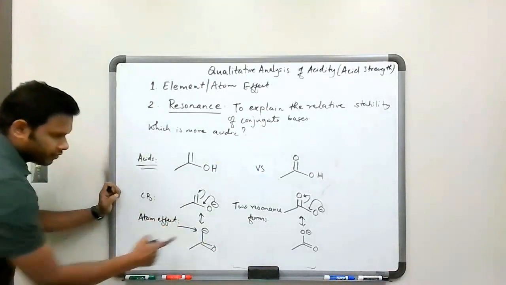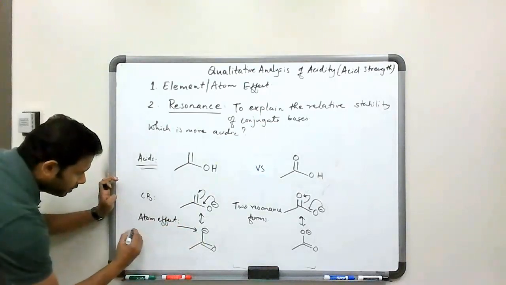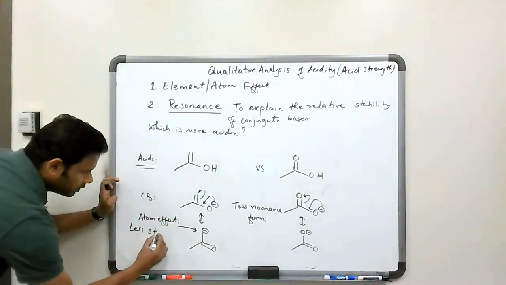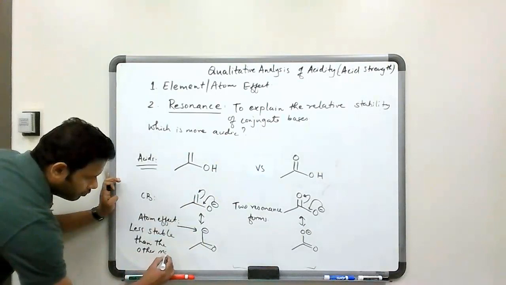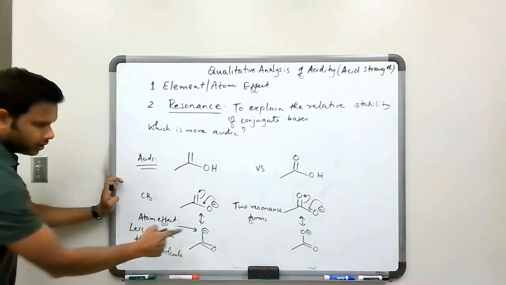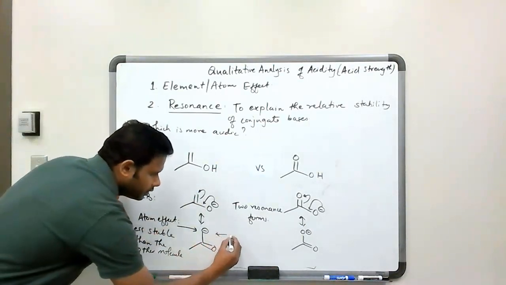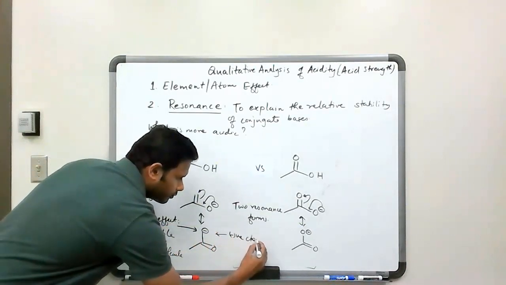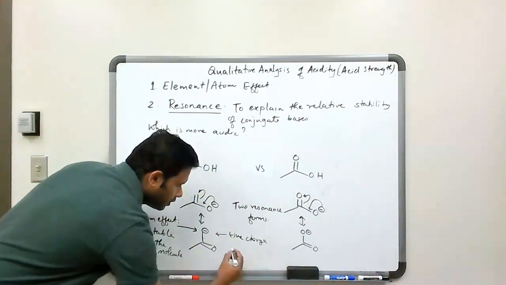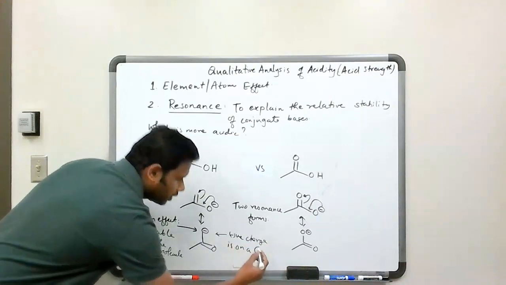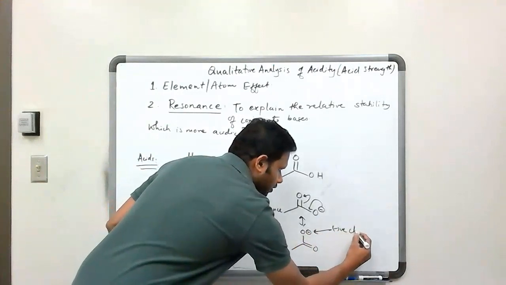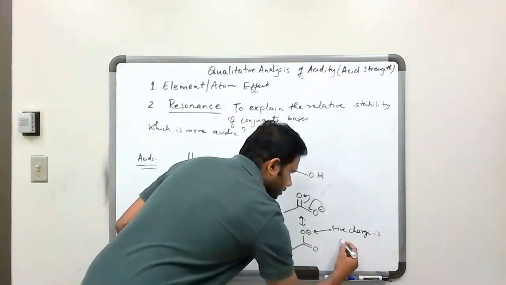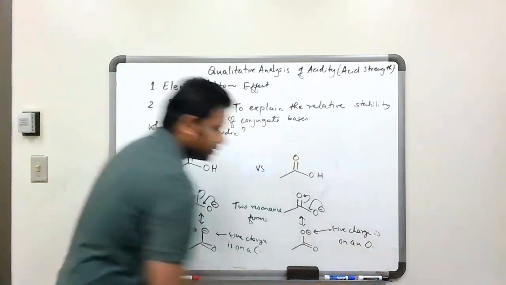So based on atom effect, this resonance form is less stable than the other, because here the negative charge is on a carbon, whereas in this resonance form, the negative charge is on an oxygen.